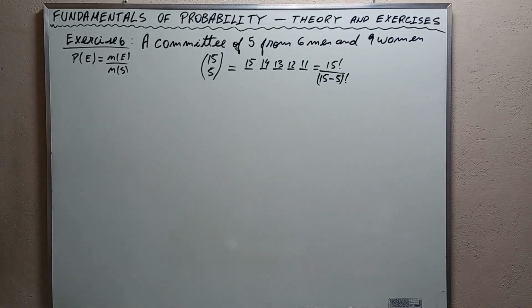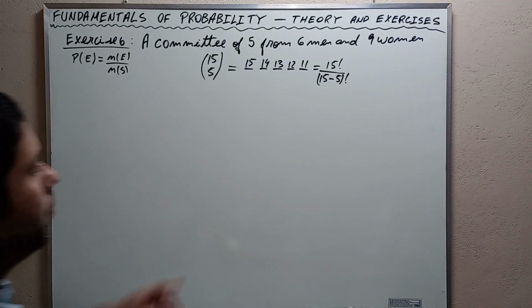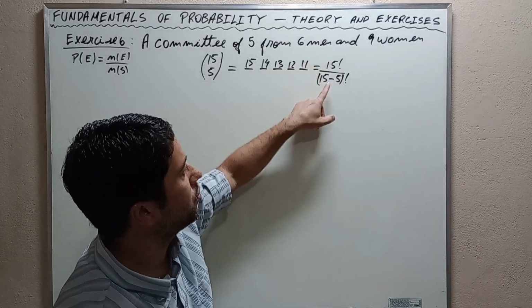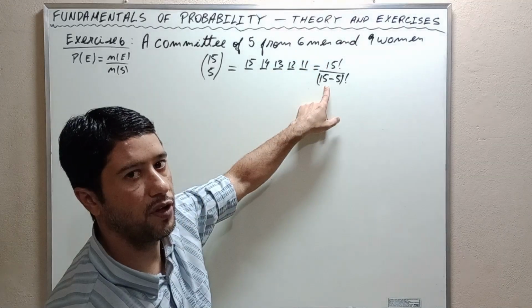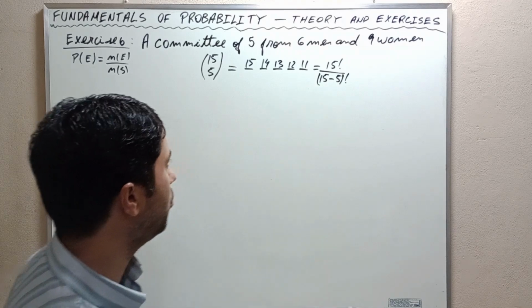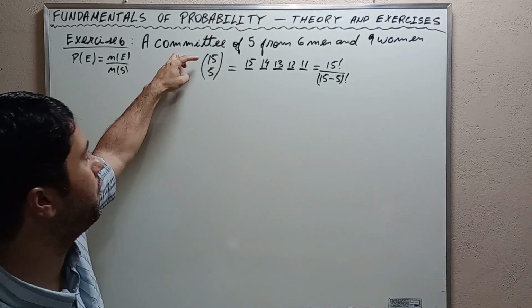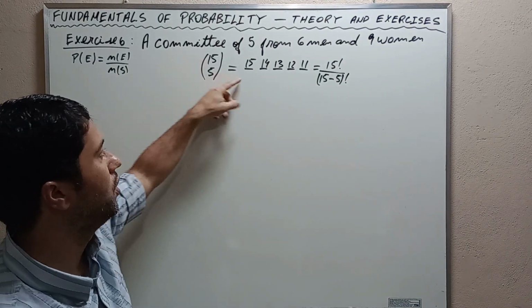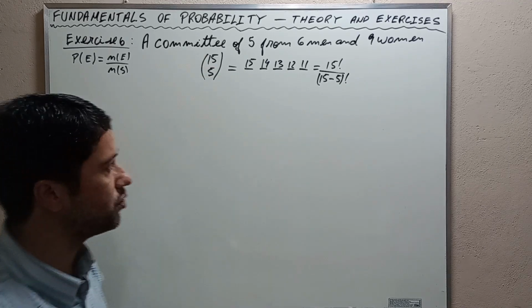And what does it mean? When you see 15 factorial divided by (15 minus 5) factorial, it means that we have 15 possibilities to fill 5 positions.